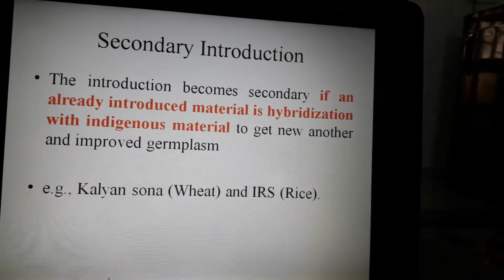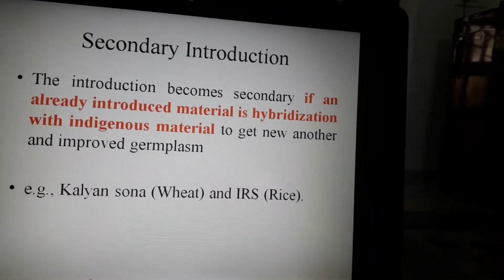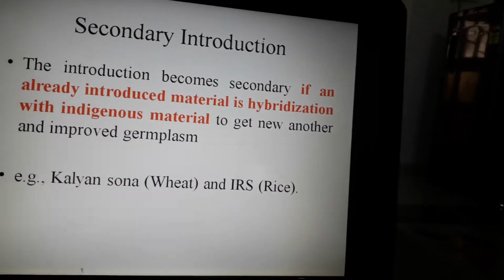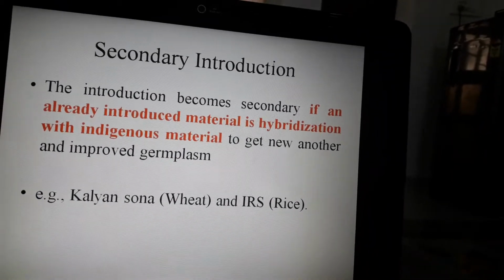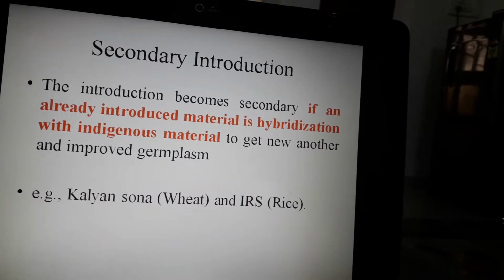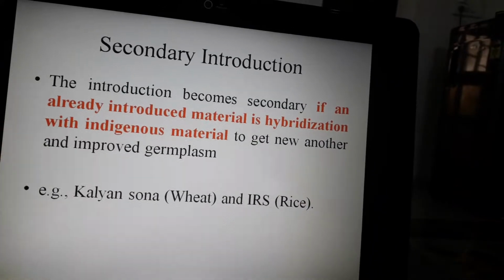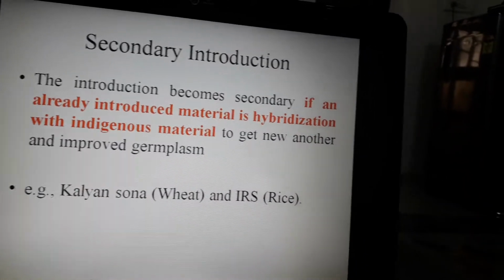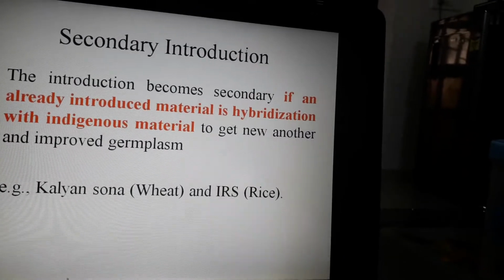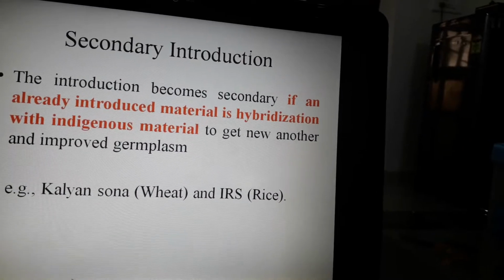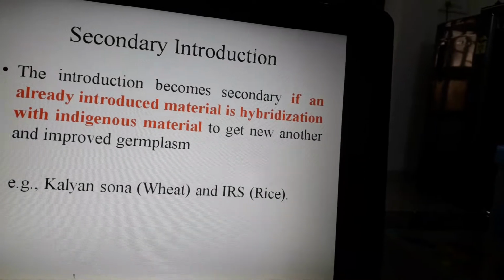Plant introduction is of two types: primary introduction and secondary introduction. Primary introduction covers the three categories we have just discussed. Now the secondary introduction: the introduction becomes secondary if already introduced material is hybridized with the indigenous material.